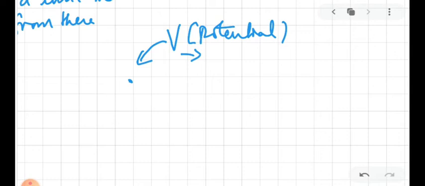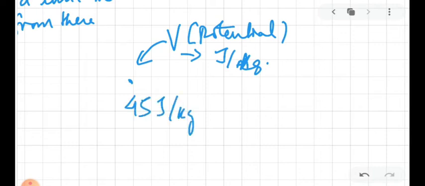Here the V is actually the energy required to move a unit mass, so we will have units of joules per kilogram. Since I am following the SI unit, I am going to use kilograms. Suppose this point had 45 joules per kilogram, which means to move a unit mass from here to infinity, you had to apply 45 joules of energy. Just for one unit mass, the energy is 45.